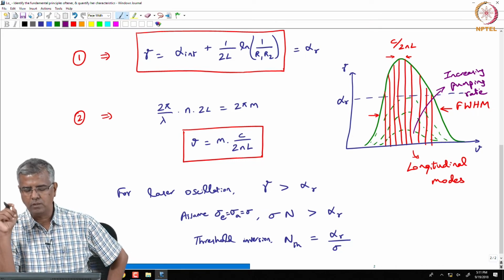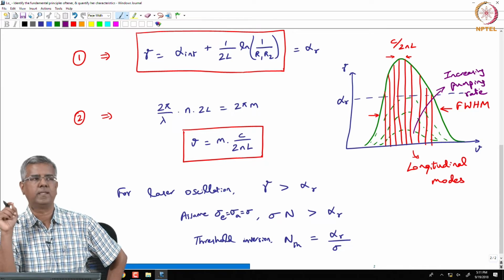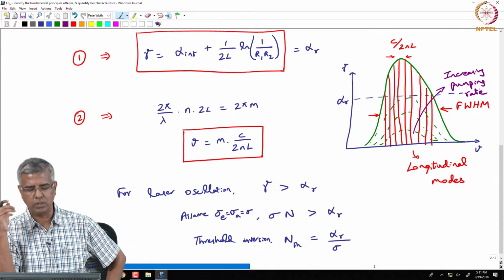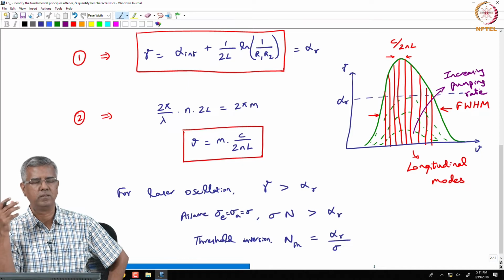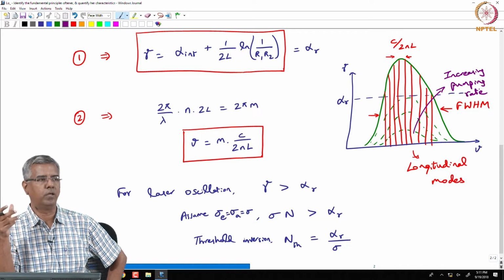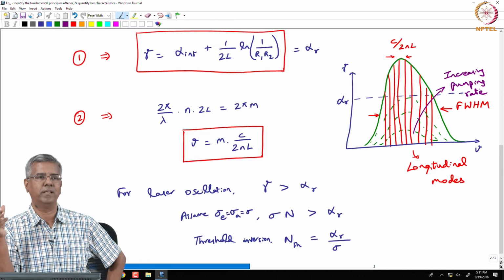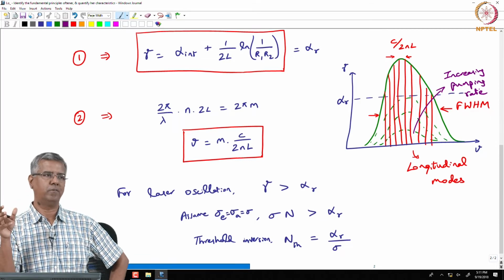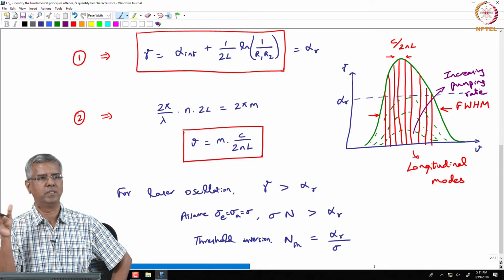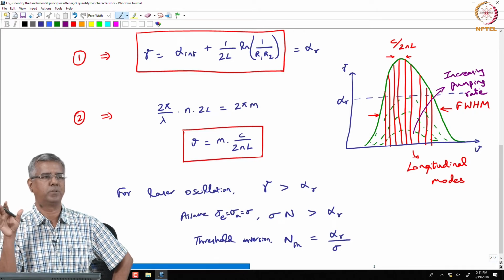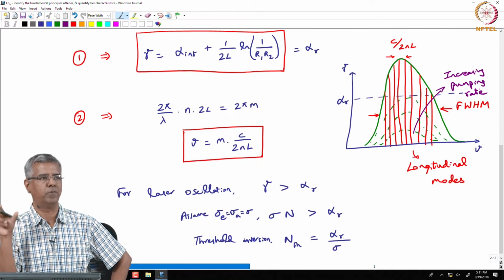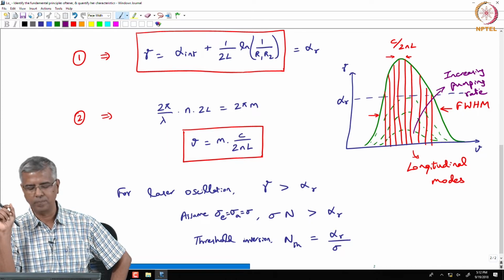To get to the threshold condition with very low pumping rate, what do you want to have in your cavity? Certainly, you want to have very low background losses. So, you start with a gain material which does not have very many scattering centers, which does not have very many background absorption and all of that. So, you start with a very pure gain medium.